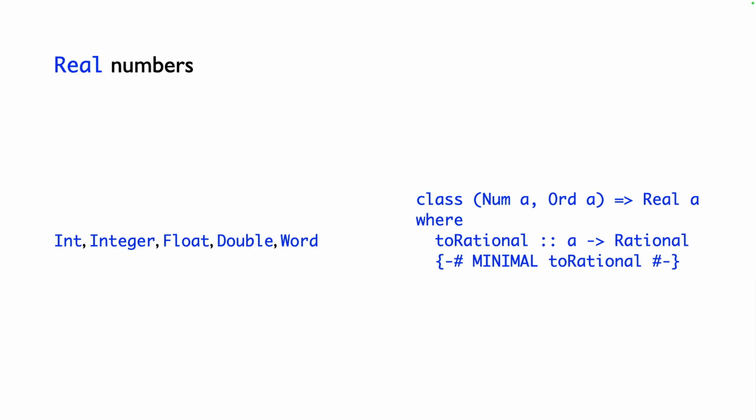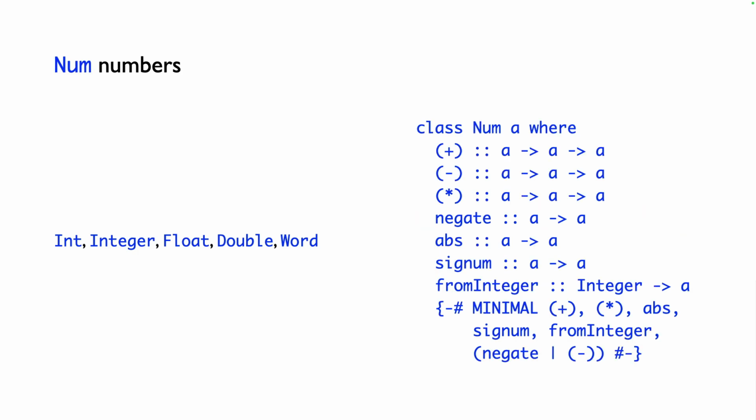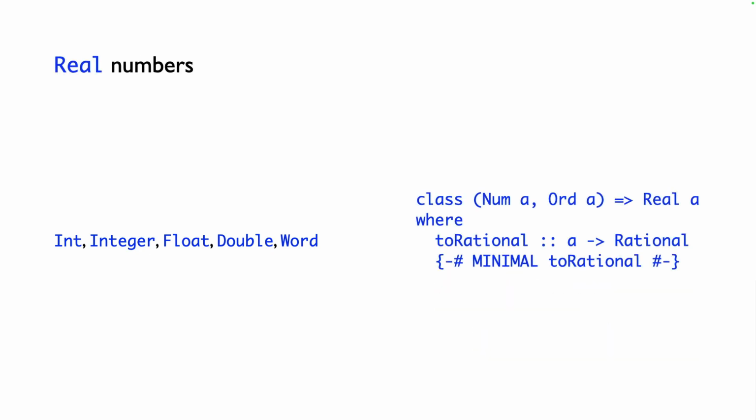It adds one extra function, which takes a number to a rational. We won't talk anything more about rationals in this course, but it also requires an ordering on the numbers. You can see in fact on Num, there was no requirement for there to be any ordering on the numbers. When we turn that to Real, Real extends Num a and Ord a. So it has the functions from Num a and the functions from Ord a, plus this toRational.